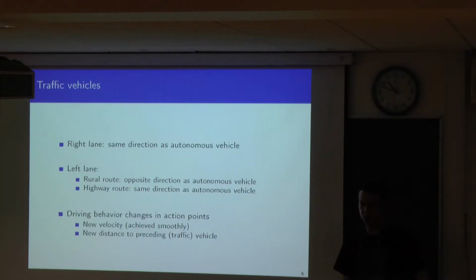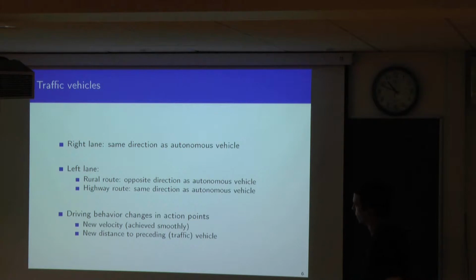Regarding the traffic vehicles, we have two lane routes. On the right lane, these traffic vehicles travel in the same direction as the autonomous vehicle, while on the left lane we have 2 cases. For the rural route, they travel in the opposite direction to the autonomous vehicle, while on the highway route, they travel in the same direction.